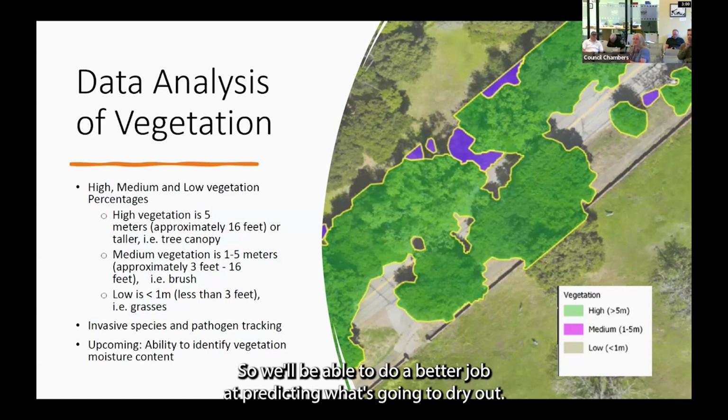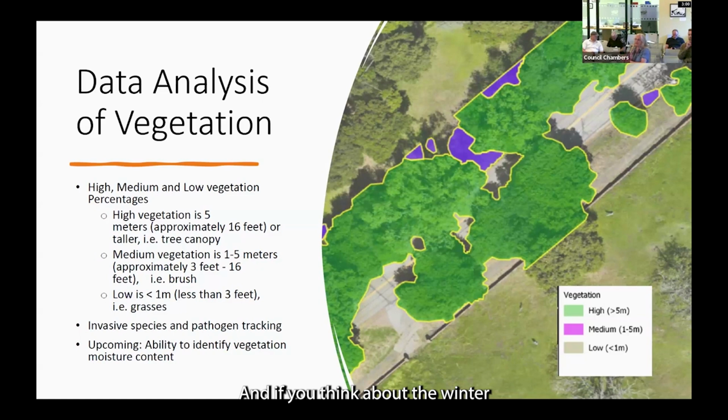So we'll be able to do a better job at predicting what's going to dry out. And if you think about the winters before 2021, we had multiple years of drought in a row. Of course, it contributed to the CZU fire, which was right on our western edge there. So that's a new upcoming tracking statistic that we want to keep an eye on.